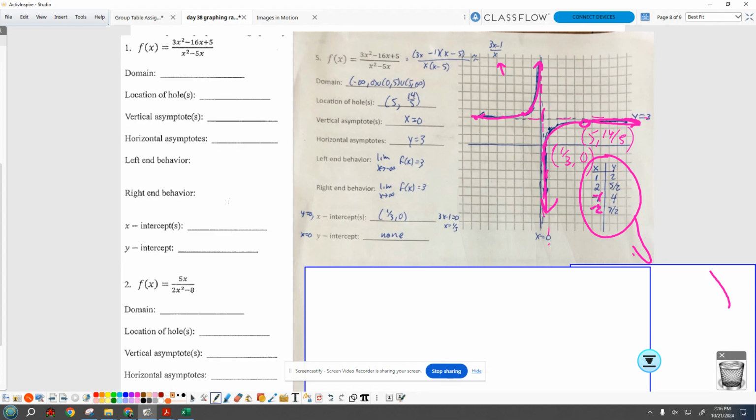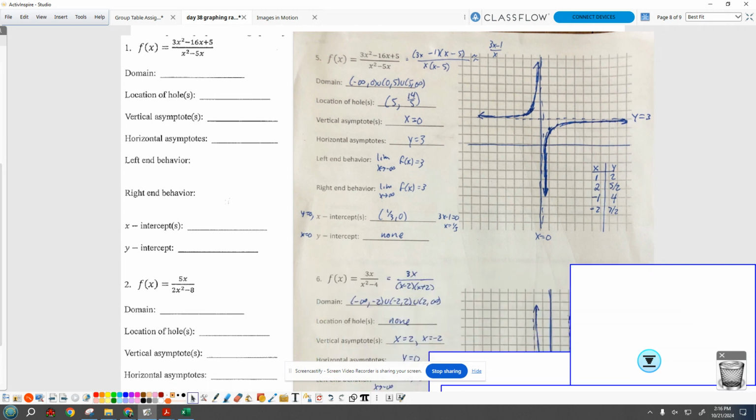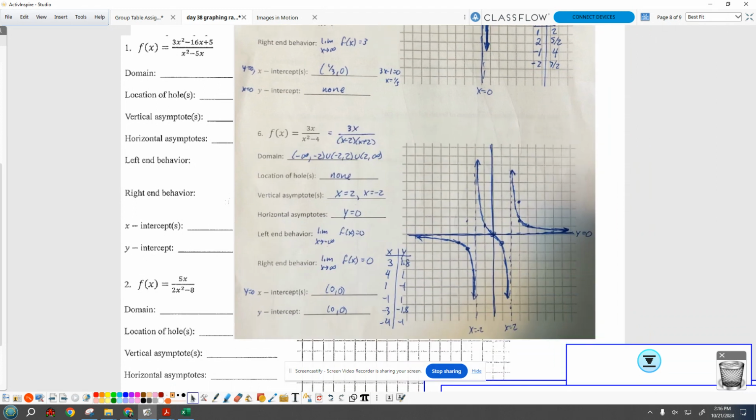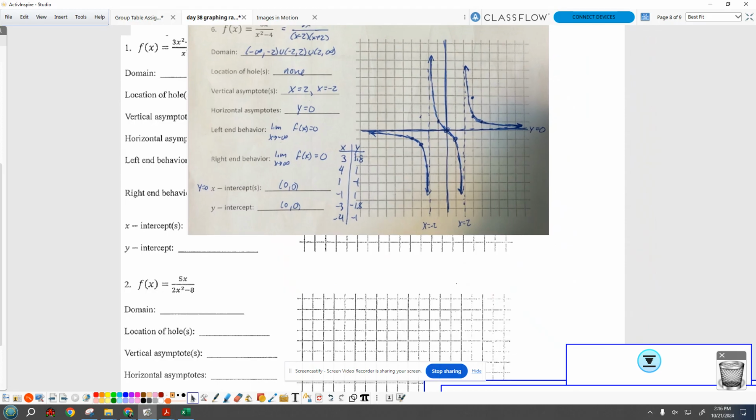Some of you did the complicated problems. If there are 2 vertical asymptotes, we will not ask that on Wednesday. There is one on here, and there was one on the last worksheet that people were like, wait a second, how would I know that? This was an honors question, but we wanted 2 vertical asymptotes for you to see what happens. And it appears like it touches the horizontal asymptote. What?